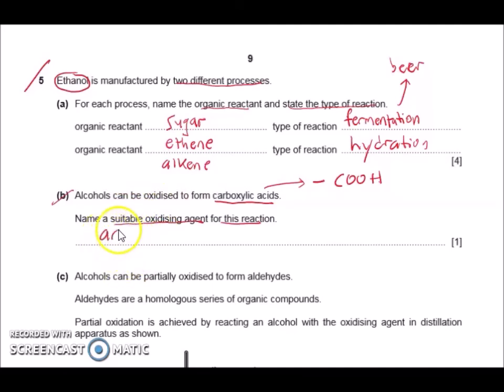Make sure you write that it is acidified potassium manganate. So this is the suitable oxidizing agent for this reaction.